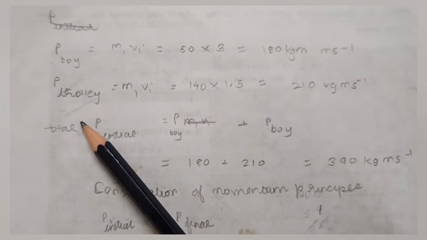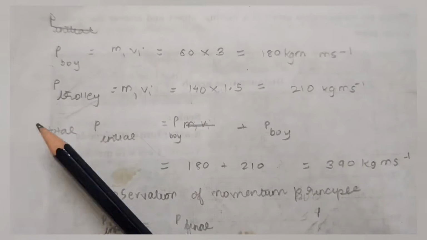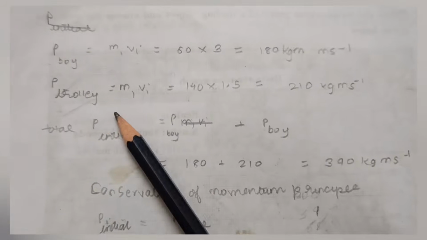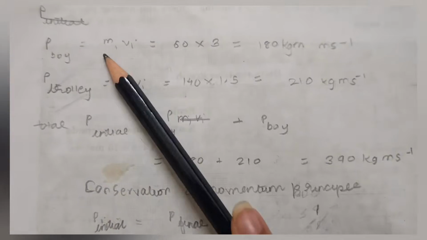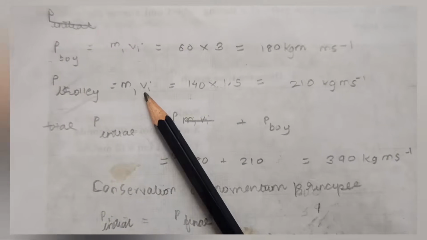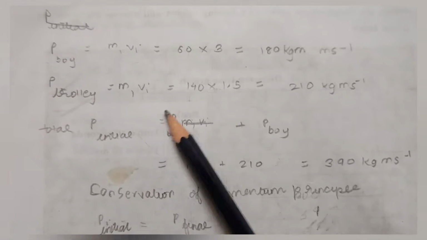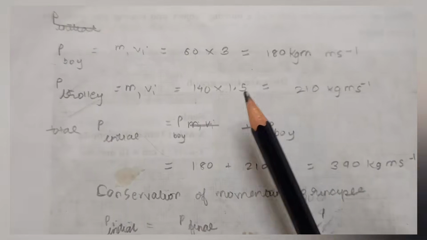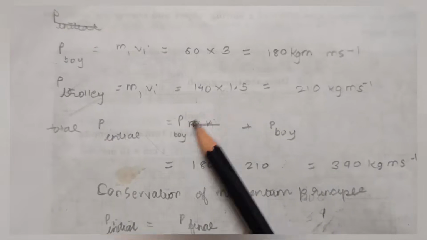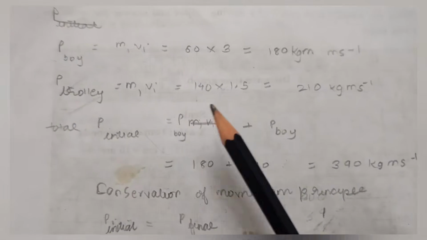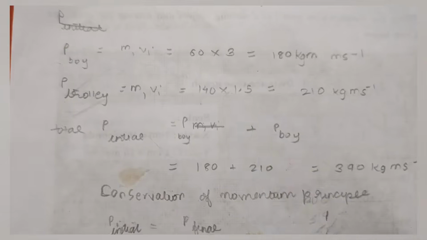Now to find the initial momentum of the trolley, we use the same formula. Mass into velocity: the mass of the trolley is 140 kilograms and the initial velocity of the trolley is 1.5.